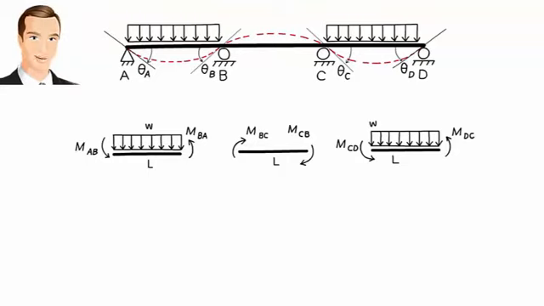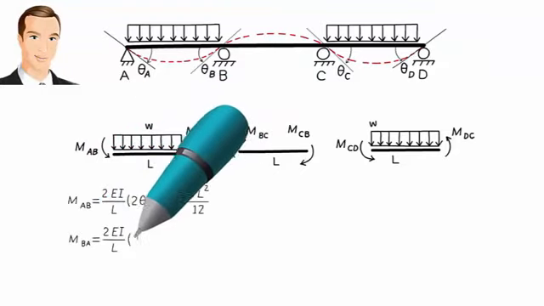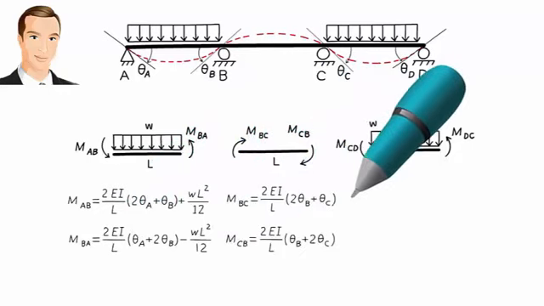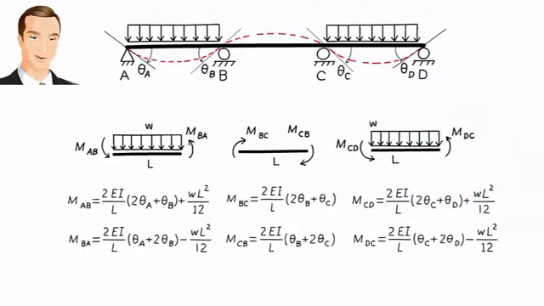For this beam, they are: Note that each member end moment is expressed in terms of joint rotations, the applied load, and member geometry and properties.